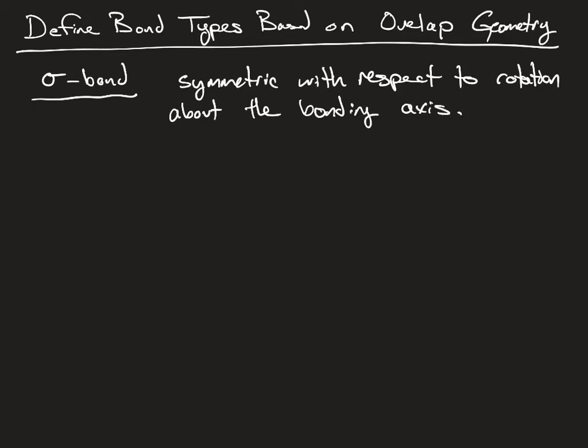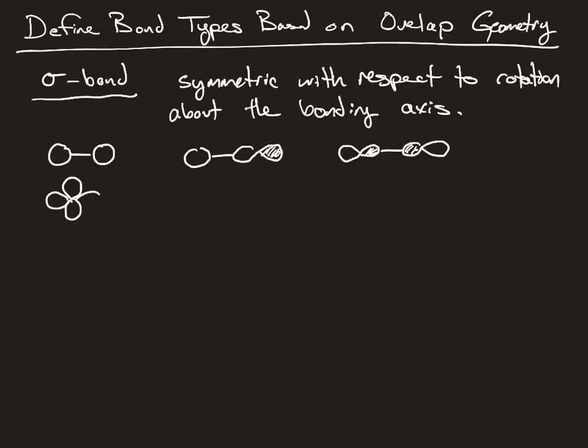And these come from combinations such as an S plus an S, an S plus a P in that orientation, a P plus a P in that orientation, a D plus an S, a D plus a P, and so on and so forth.